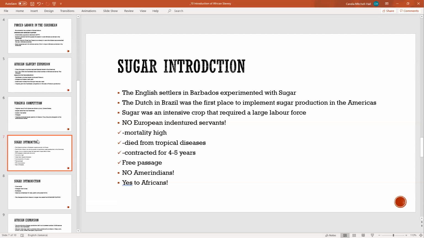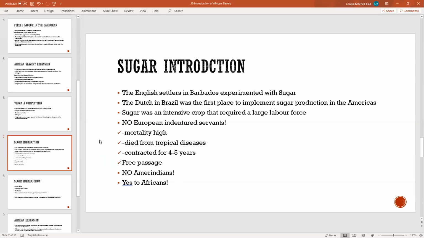Indentured means contract labor. After they finished the 4 to 5 years, some decided to return to Britain, or some decided to remain in the Caribbean. At the end of the day, they said, no, we can't use them. They are not able to cope within the Caribbean. The Amerindians, our indigenous people, are also not able to. We can't use them.